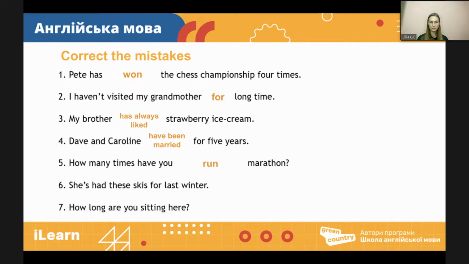Number 6. She's had these skis for last winter. Since last winter, з минулої зими. Very good. And the last one, how long are you sitting here?